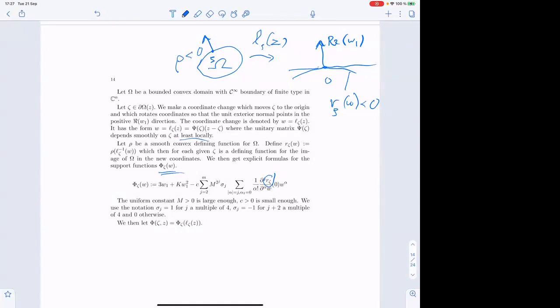But from this formula, you see it's sort of like normal. The key is to look at when w1 equals 0, and then these first two terms are 0, and it's the question of making these terms under control and positive. At least the real parts of those should be positive.